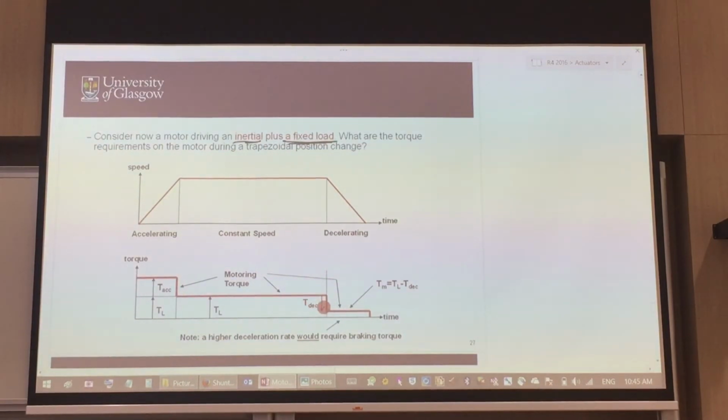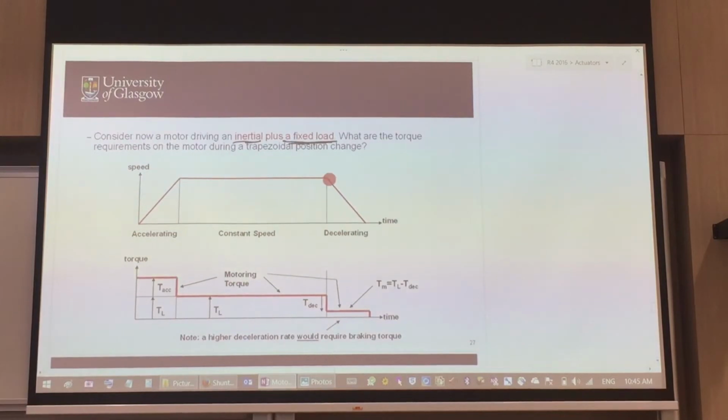So T deceleration is equal to T acceleration, provided that the time for acceleration and time for deceleration are equal to each other. So this value that you apply will be equal to each other. There was one year that the question says that this deceleration is a different time compared to the acceleration time.